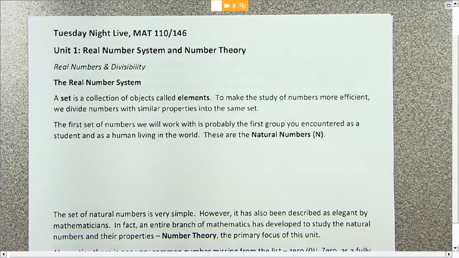But before we can talk about number theory, we're going to have an overview of the real number system. So basically, all of the numbers that we're going to use in this class, to make them easier to deal with, we break them up into certain groups. We put numbers that have similar properties in the same group. Okay? So tonight this is going to be a lot of definitions until sort of the end, and then we'll start having some problems.